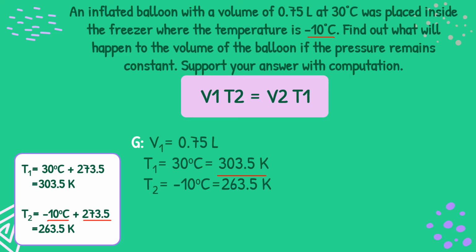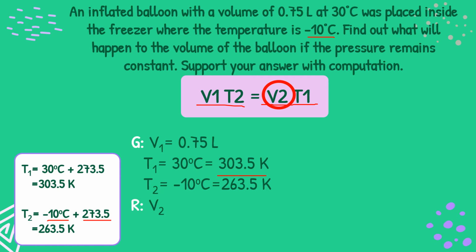So now we have the following quantities, and now let's identify the required or unknown quantity among the four, and that would be the final volume. So the one that is unknown in this word problem is the final volume. Now to get the equation for this word problem, we need to divide both sides of the equal sign by the quantity beside the unknown one.